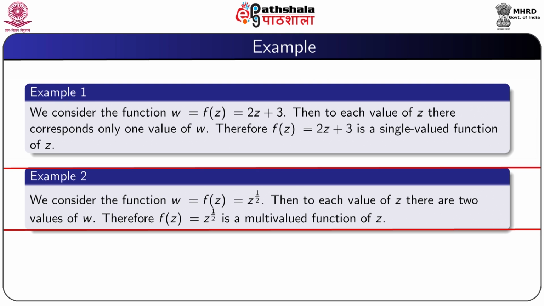Therefore, f of z equal to z to the power half is a multi-valued function of z. Similarly, if we take w equal to f of z equal to z to the power 1 by 3, then here also to each value of z there are three values of w, and therefore, the function f of z equal to z to the power 1 by 3 is also a multi-valued function of z.